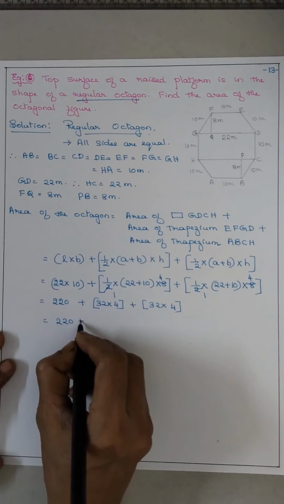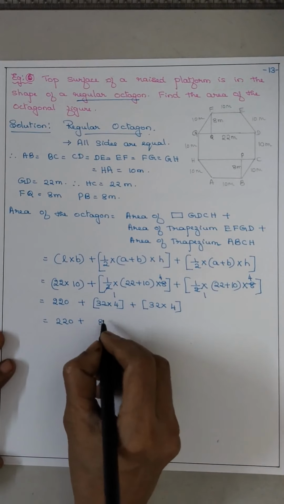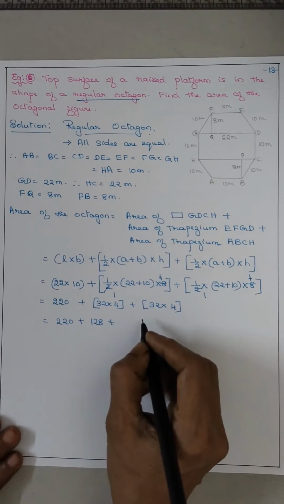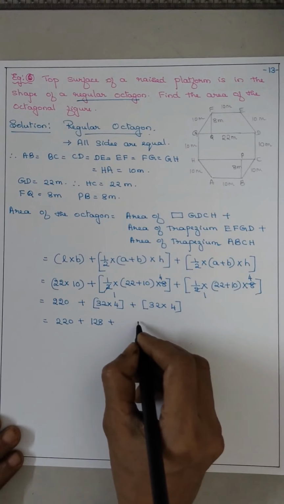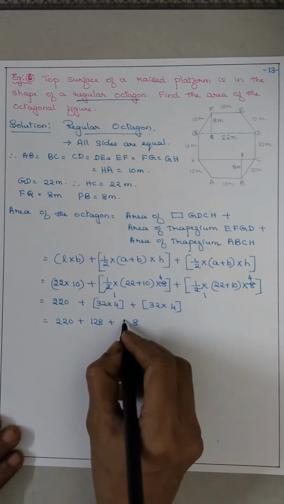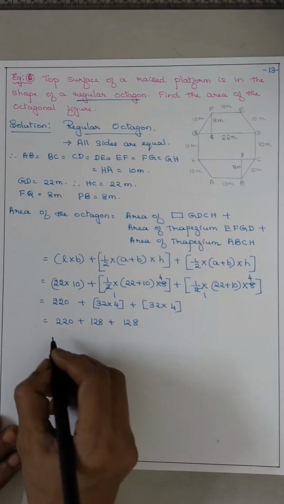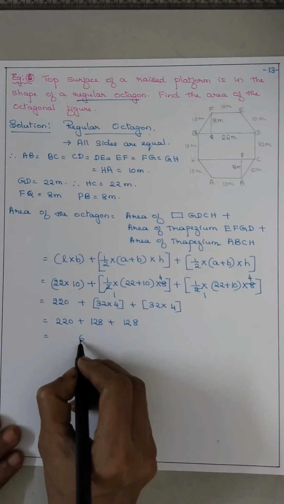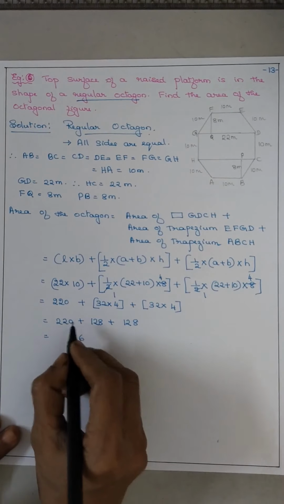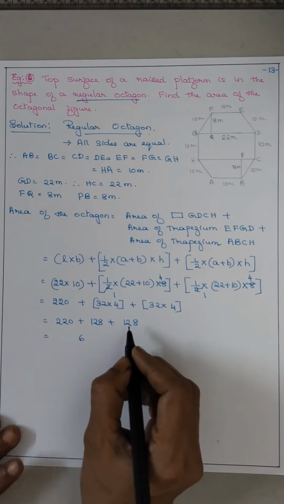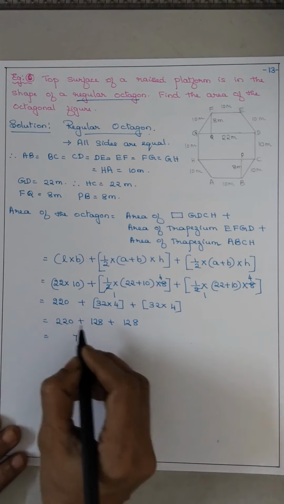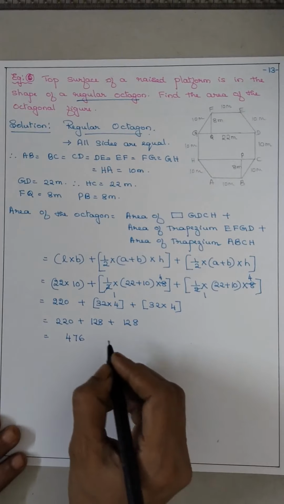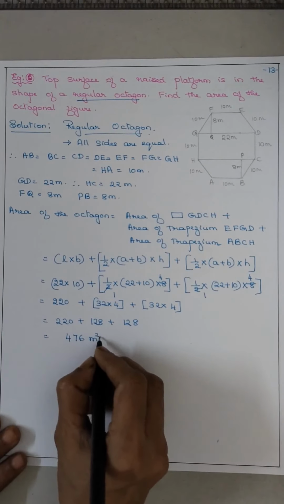Then 220 plus 2 fours are 8, 2 threes are 12. Again 4 twos are 8, 4 threes are 12. So add, 8 plus 8 is 16, and the total is 476. So you got 476 meter square.